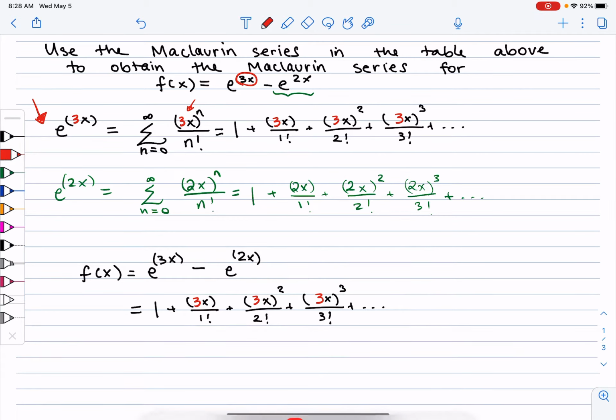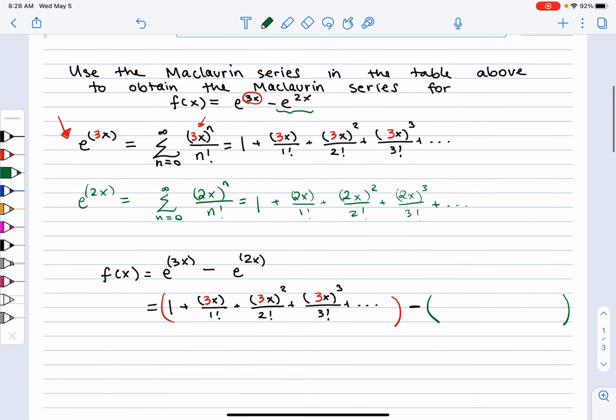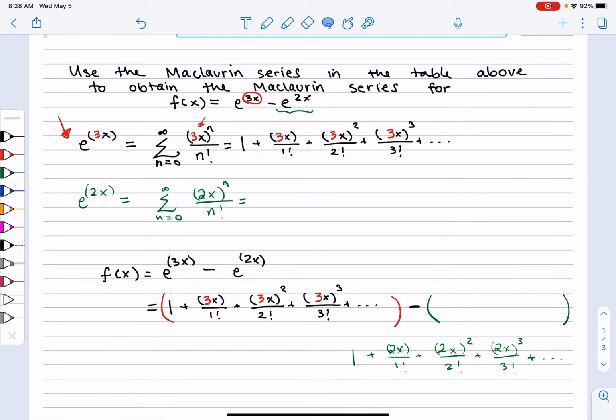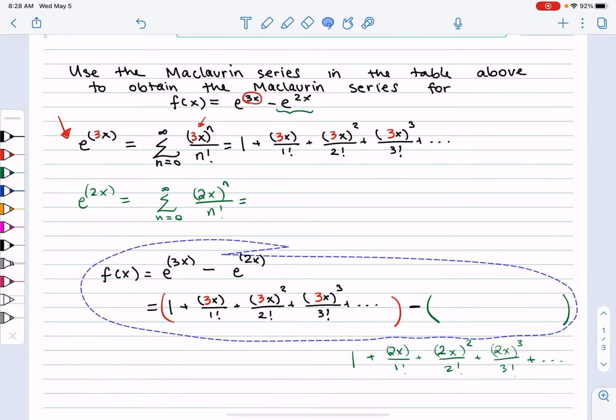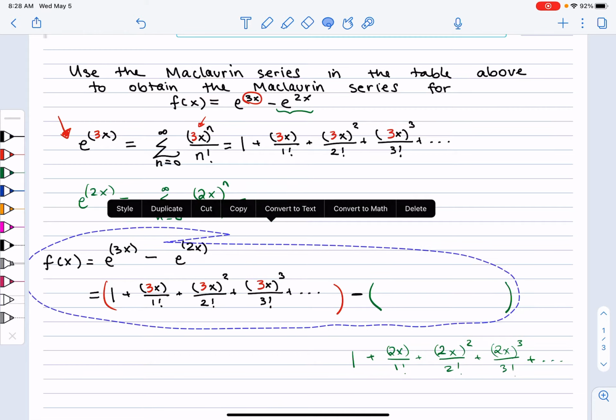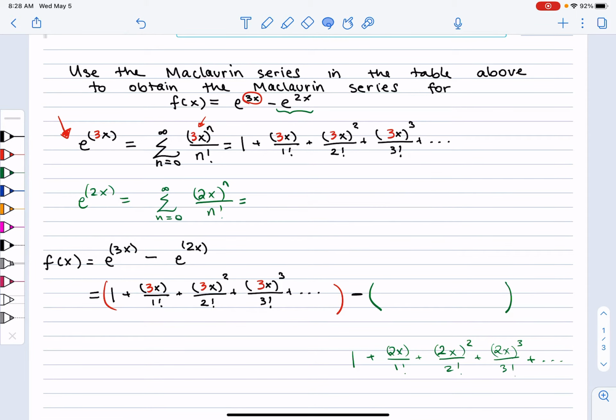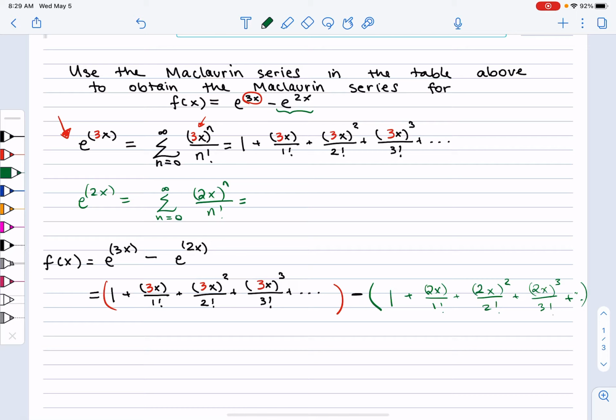And then we're going to say minus e to the 2x, where e to the 2x is nothing other than this. So the idea here will continue.